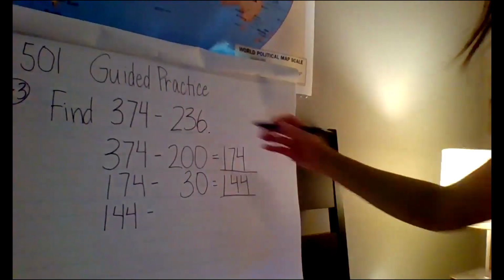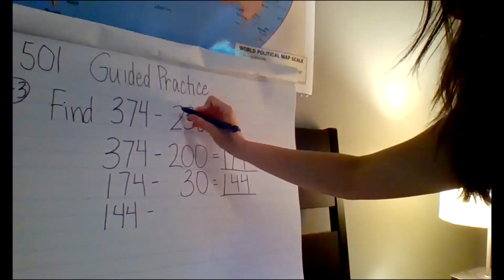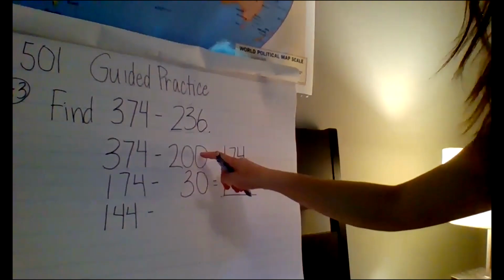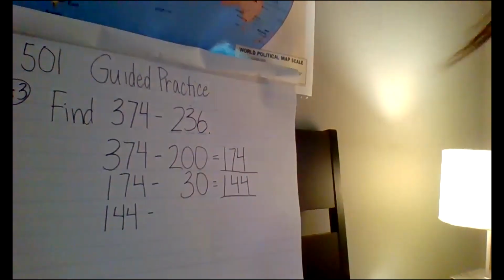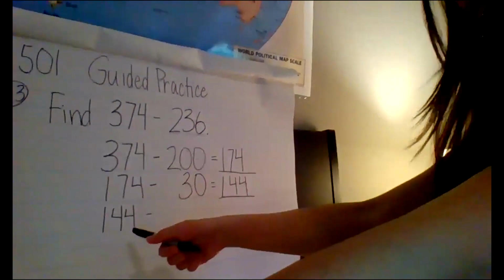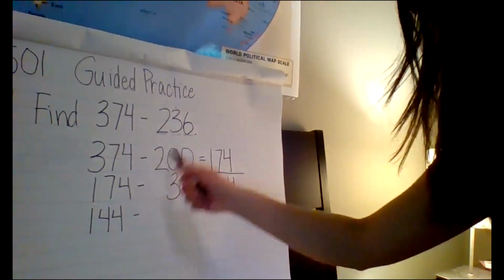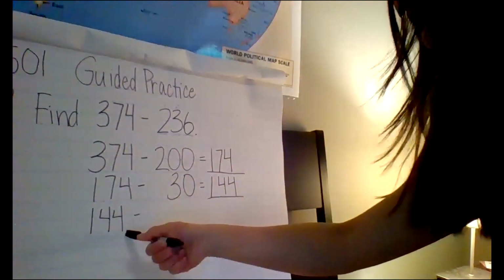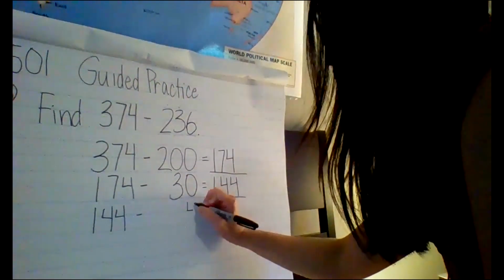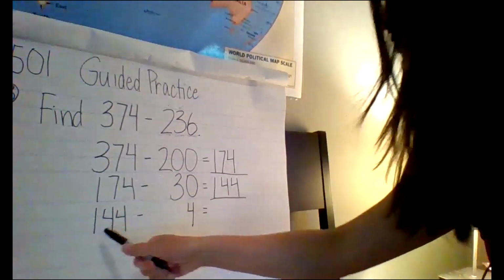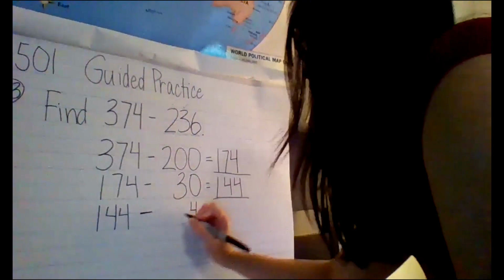Okay, so we subtracted the 200s and the 3 tens. Now we need to subtract 6 ones. But if you take a look at the number 144, there aren't enough ones to take 6 away. So let's take away as many as we can first, which is 4. So 144 minus 4.